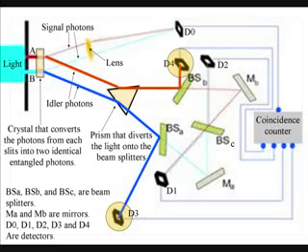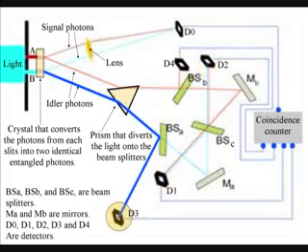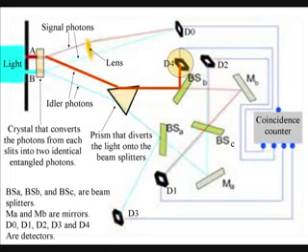Because of the way the beam splitters are arranged, light can be detected by detectors labeled D1, D2, D3 and D4.